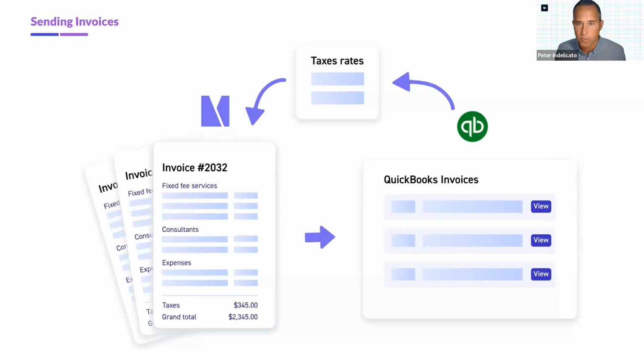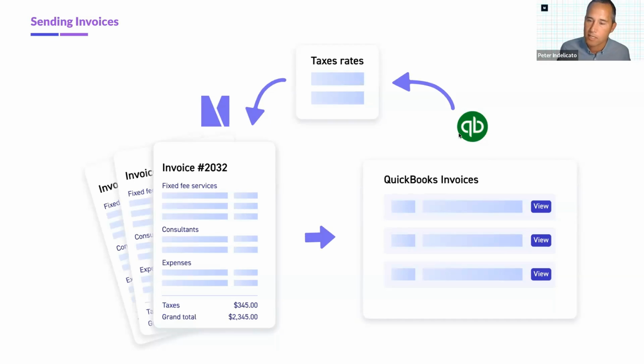If you are a firm that applies taxes to your invoices, we're going to help you out a lot there too. QuickBooks has some nice little features where it can actually calculate your taxes for you. And they make this available to us through the API. So if you're building an invoice in Monograph and you need to add taxes to it, we've already pulled tax calculations over from QBO so that with the click of a button, no math on your side, you just click a button that basically says, hey, calculate the tax for me.